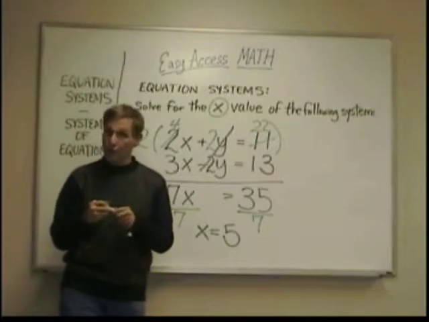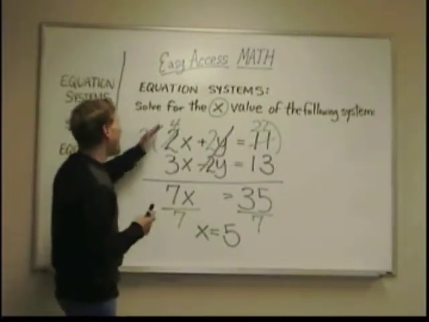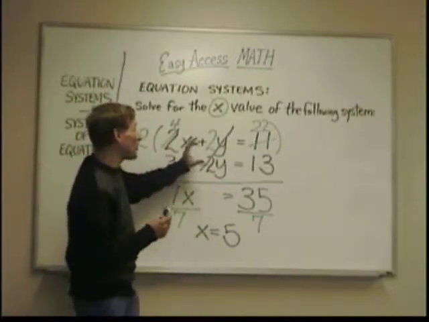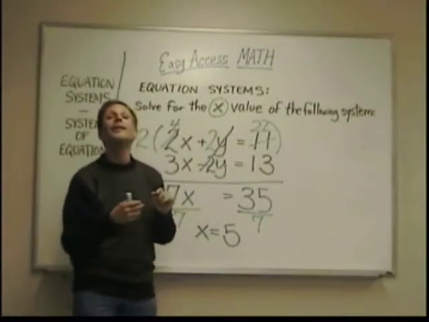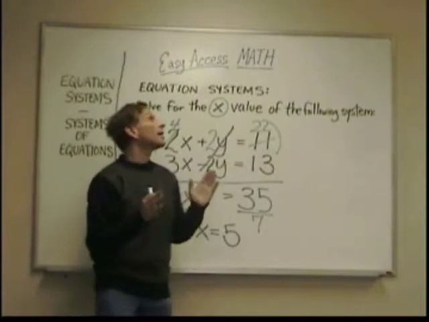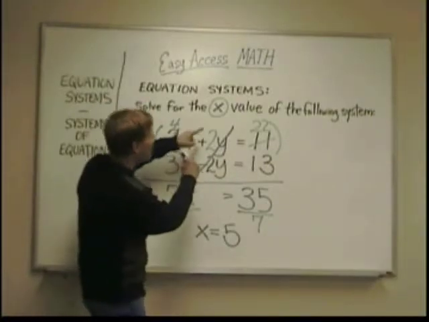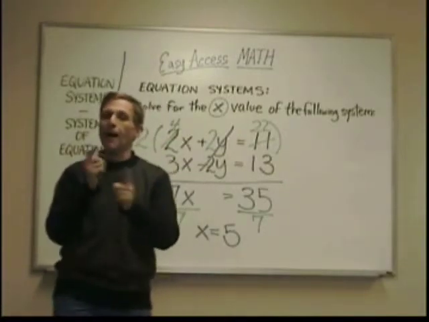And that's the solution. Now, it is always possible you may have to change both lines to get the number that you want to get rid of, that you are not looking for, to equal. It's possible, but you may have to multiply both lines by a number to manipulate that letter and get them to be equal numbers, plus and minus.